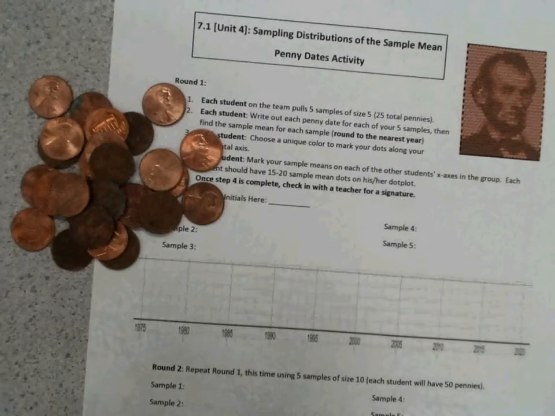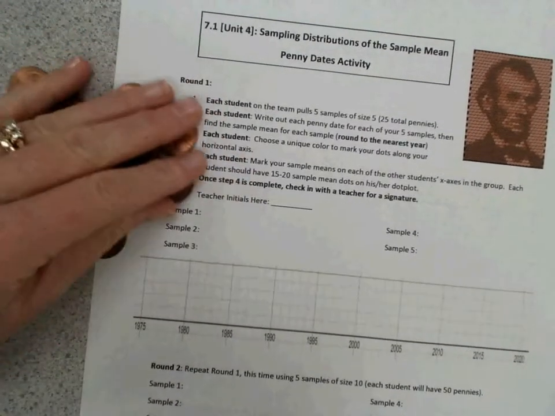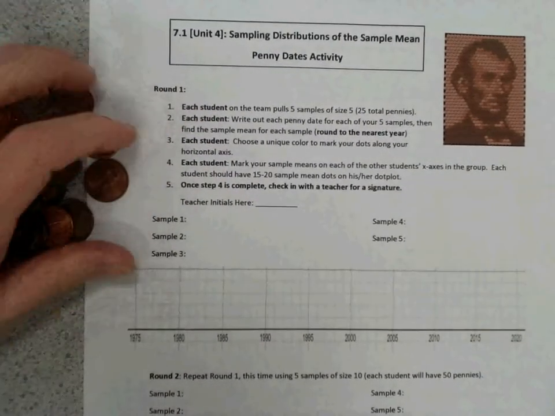This continues the theme of our year in stats, where our aim is to get a clearer and clearer picture of the data for an entire population. Now, today's population is these 25 pennies, and the data that we're looking for are the dates on these pennies. So this is typically an activity we would do in groups in class.